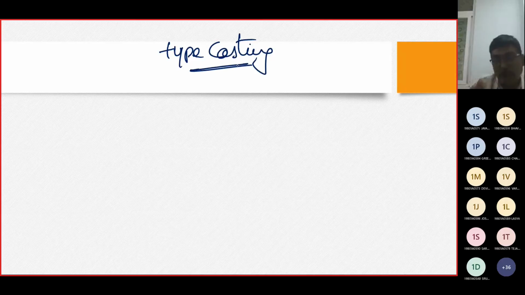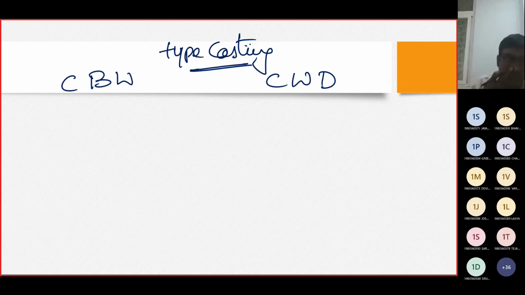Fine. The next two instructions are like typecasting. In this typecasting, we have CBW and CWD.